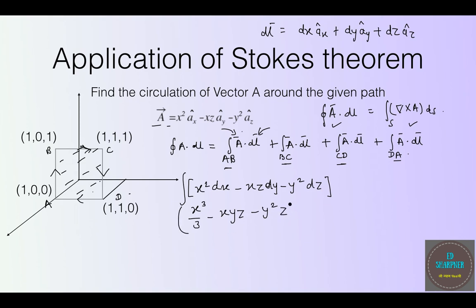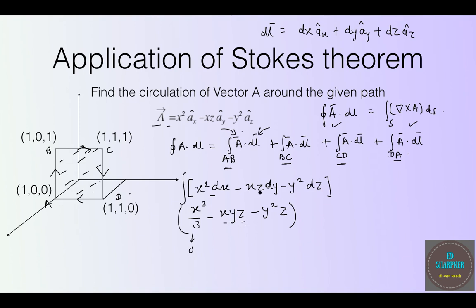Now the integration remains the same, only thing that changes are the limits. For path A to B, the limit for this term, that is the x changes from 1 to 1. That means this term would be 0 for path AB.